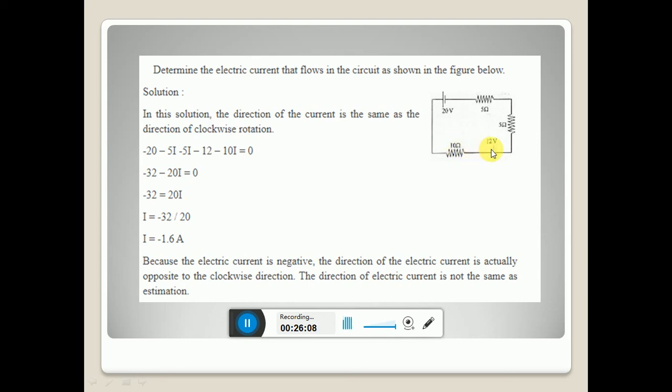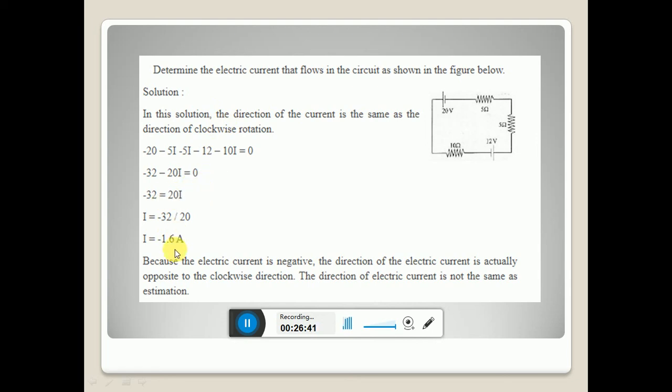Here we are moving from the negative towards the positive terminal of the cell, so plus 12, and plus 5I, again plus 5I, equal to 0. So 20 plus 10I plus 12 plus 5I plus 5I equal to 0. Anyhow, both the values are the same.